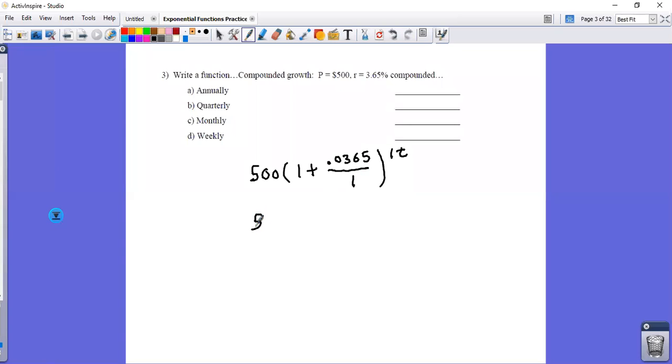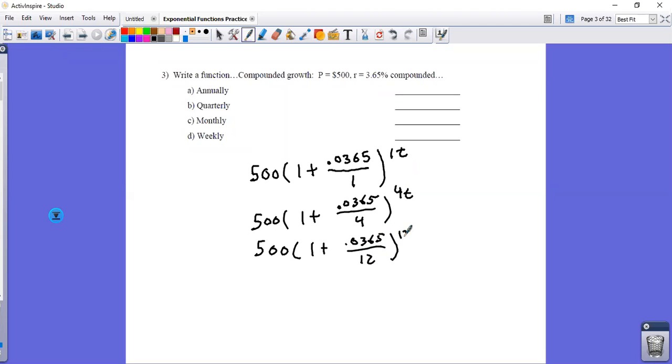So each one of these, they don't change, it's just how many times you compound. If it's quarterly, it'd be 4 and 4t. So that changes 2 numbers when it changes compounding. Monthly, 1 plus 0.0365 over 12, 12t, since monthly is 12 times a year.